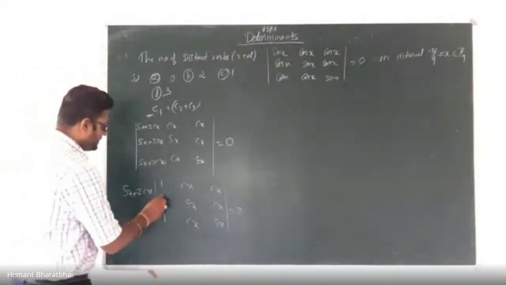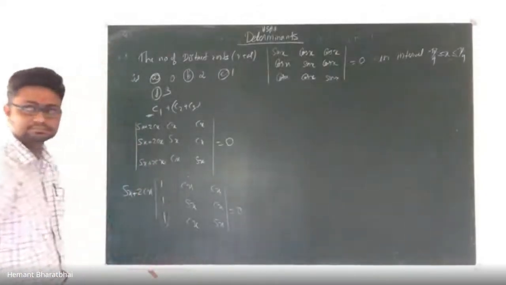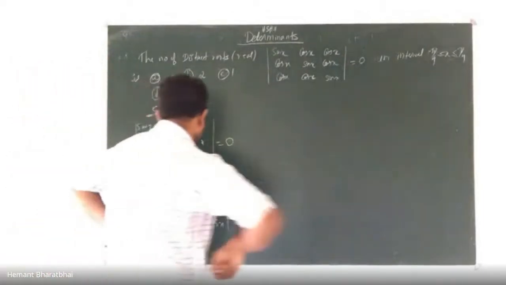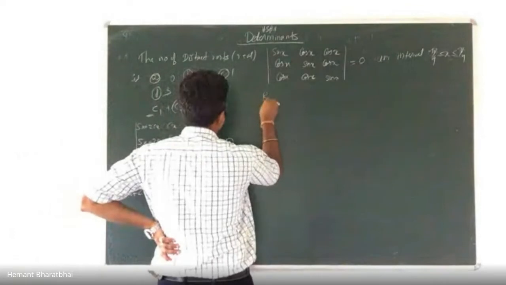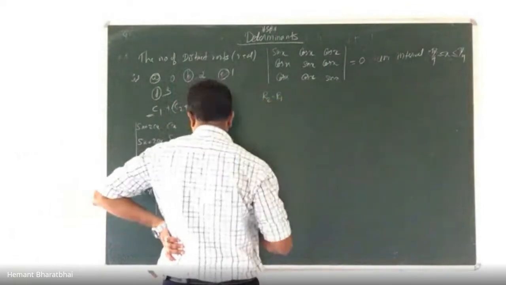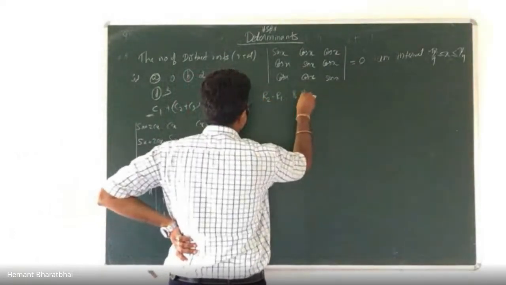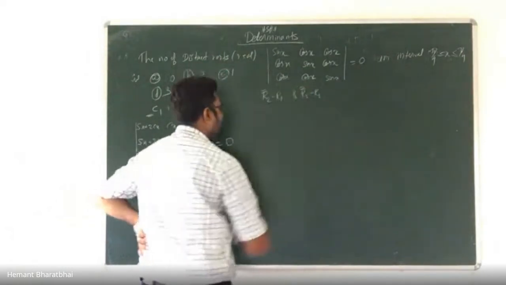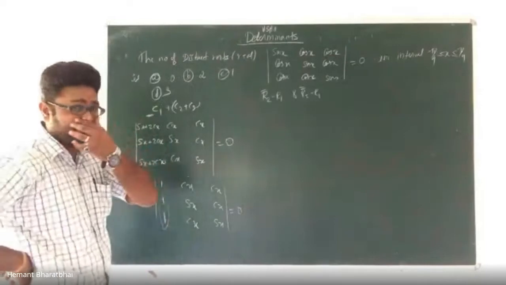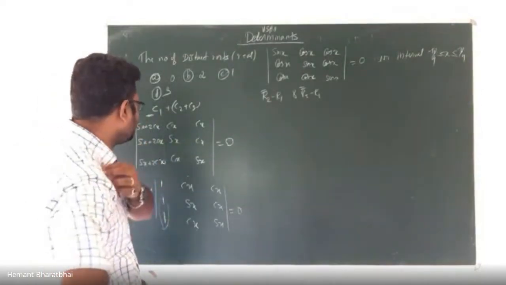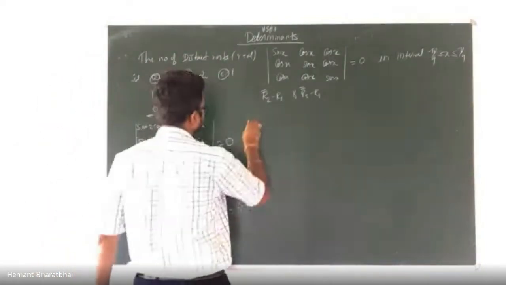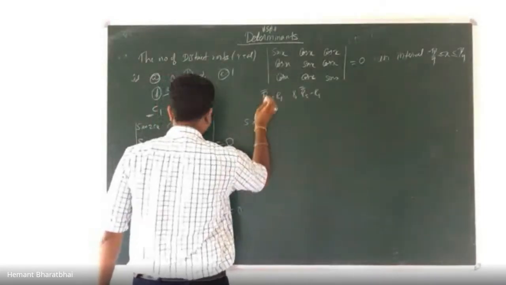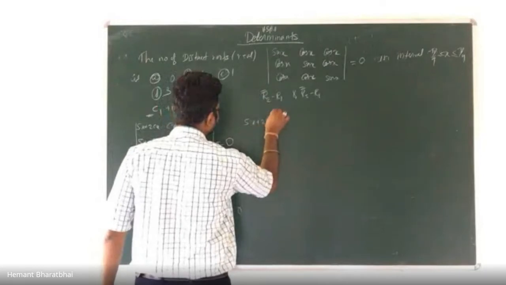Now we'll try to make both of these entries 0. R2 minus R1 and R3 minus R1. The transformation is occurring in R2 and R3 only, so R1 will remain as it is. Therefore, sin x plus 2 cos x.